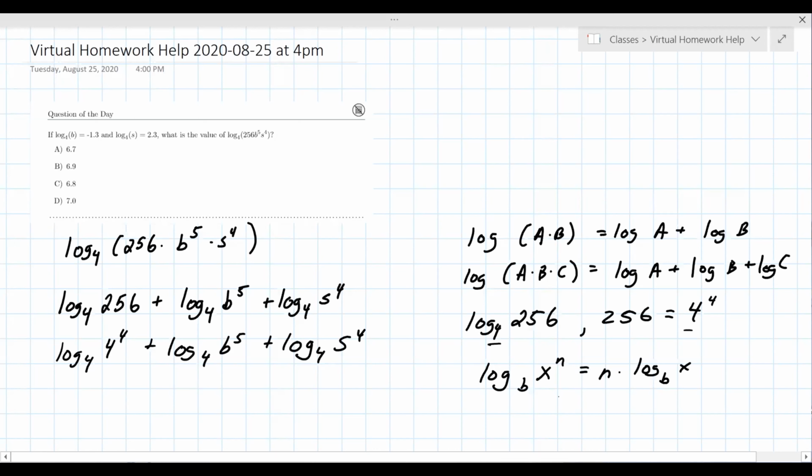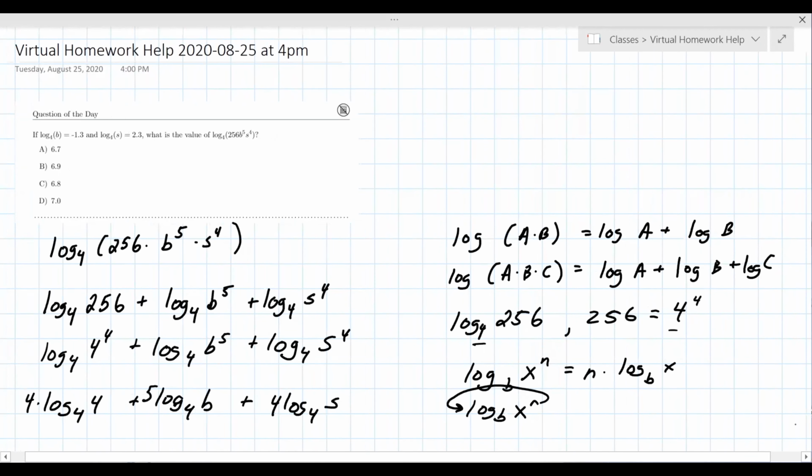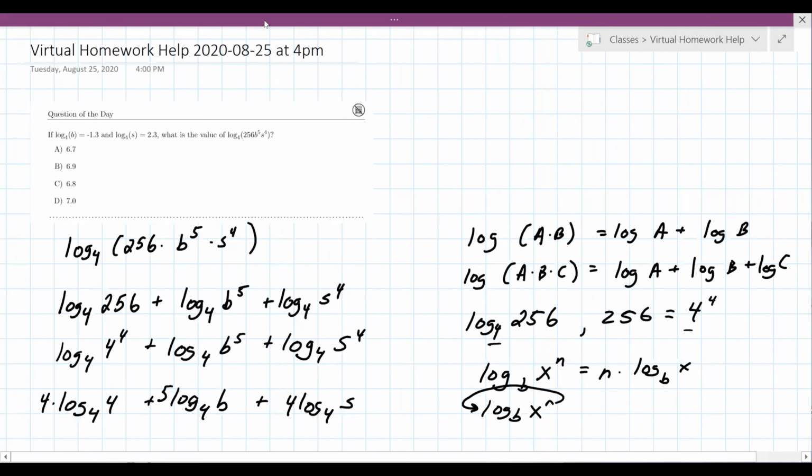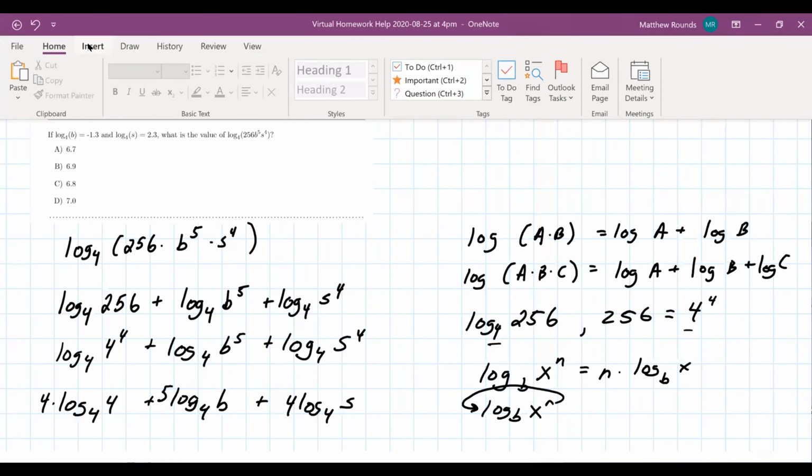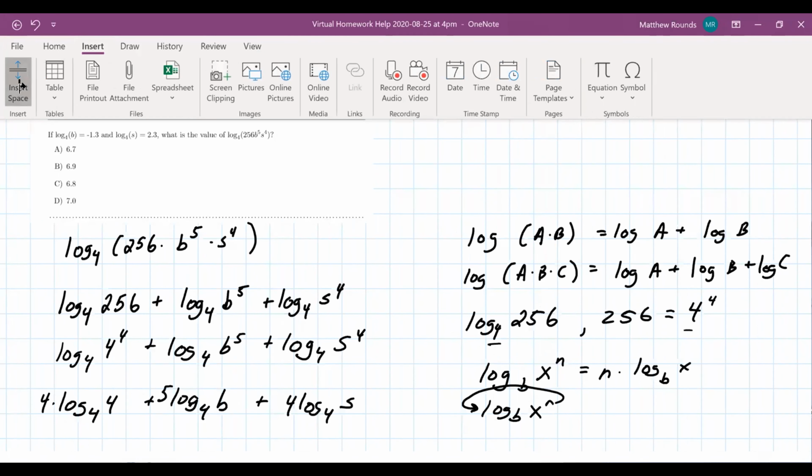Basically, we take that exponent n, and it comes out in front. 4 times log base 4 of 4 plus 5 log base 4 of b plus 4 log base 4 of s. Sometimes I make my s's cursive because I want to differentiate them from the letter 5.